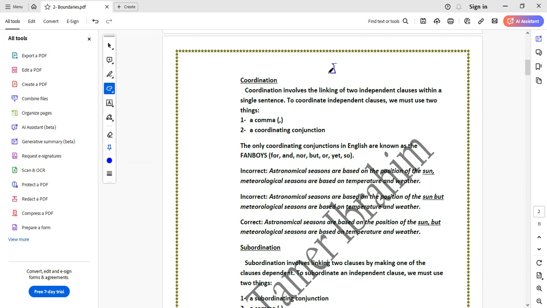If we have two independent clauses coming after each other, with full meaning, we connect them by comma and fanboys, semicolon, or full stop. Take care. Semicolon and fanboys can come only in one case. What is that case, teacher?